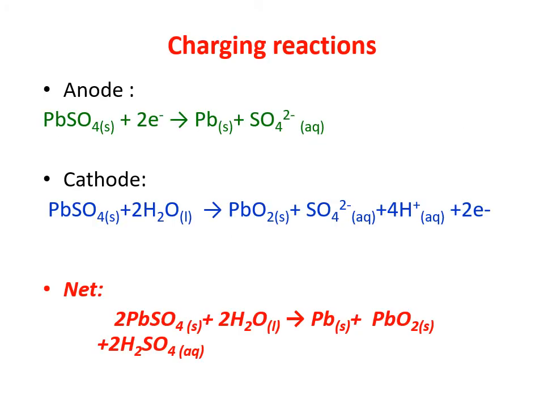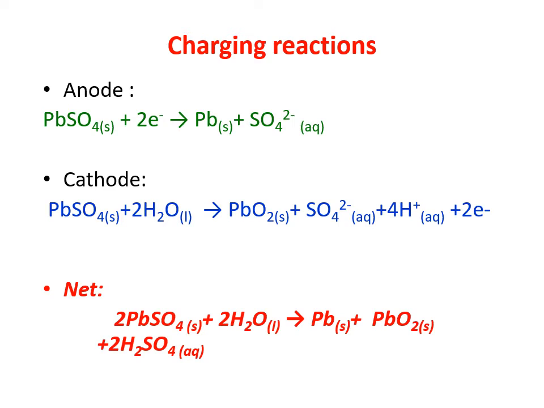Charging reaction of a lead acid cell. Reaction at anode. PbSO4 plus 2 electrons gives Pb plus SO4 2-. So there is a gain of 2 electrons. So it is a reduction reaction. Reaction at cathode.